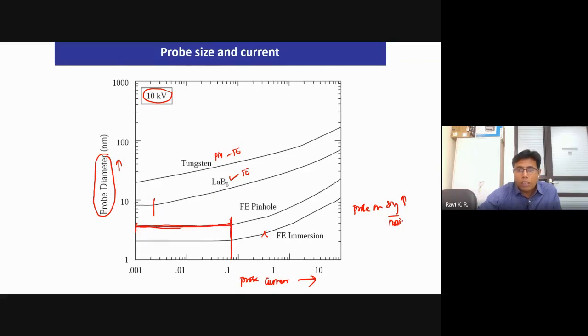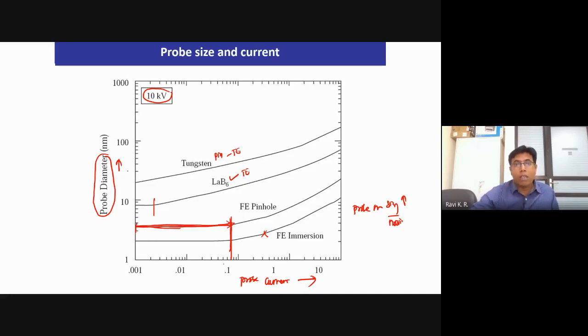Once you work in this region, I can increase the probe current and get a better signal to noise ratio, while not increasing the probe diameter. That is the reason the field emission gun has a lot of advantage. You have brightness, a smaller beam diameter, you can increase the probe current, and you can work at low kV. You have a lot of chance to play around with the probe current in the field emission gun.